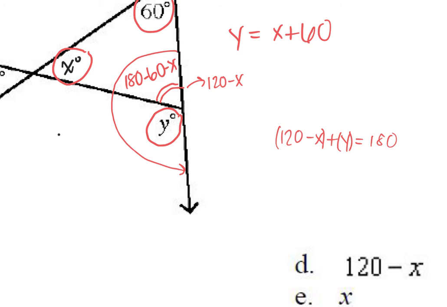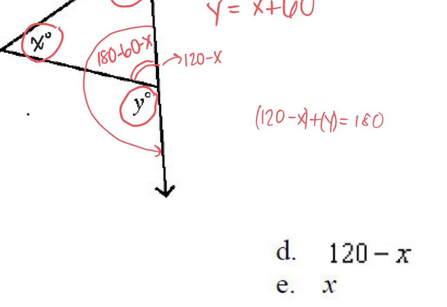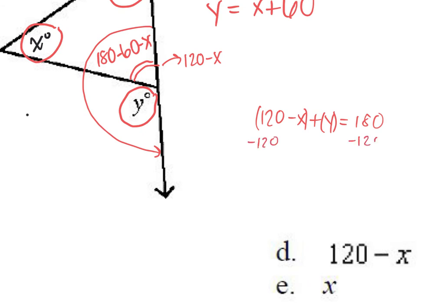All right, so now we're solving for y in terms of x, so we got to subtract 120 from both sides. We're going to get negative x plus y equals 60. And then what do we do to solve for y? Add x. Y equals 60 plus x. Cool beans?